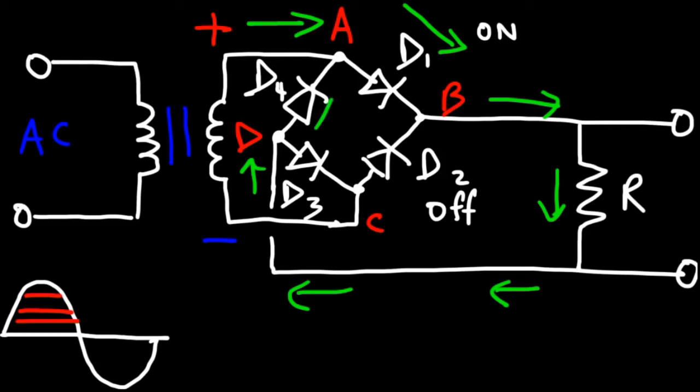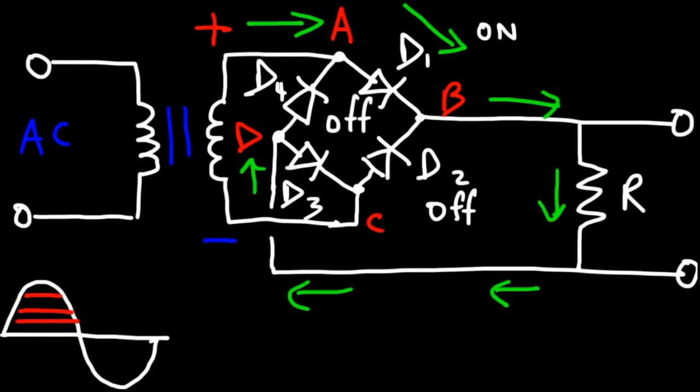Will it go through D4? Because the current will be in the same direction as the diode arrow. Now, there's no point for it to return back to point A because it was already at point A. And whenever you see that, it's not going to work. And so D4 is in reverse bias mode.